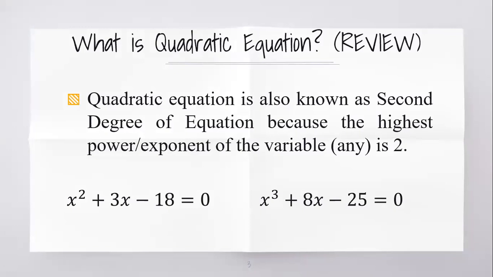Question is, which of these equations is an example of quadratic equation? So that is correct. x squared plus 3x minus 18 is equal to 0 is an example of quadratic equation because its variable x has an exponent of 2.